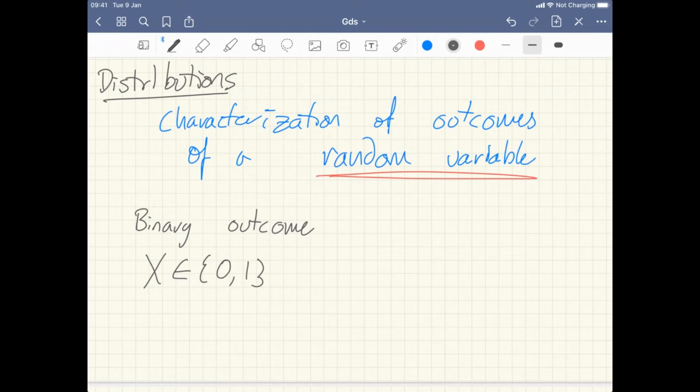So that is just fancy mathematical notation, which you may see elsewhere, to say this random variable exists in the set of values that are 0 and 1. Okay? So there are a bunch of ways that we could model that random variable. But the most common one that's used in quite a few places and is discussed in the reading is called a Bernoulli distribution.